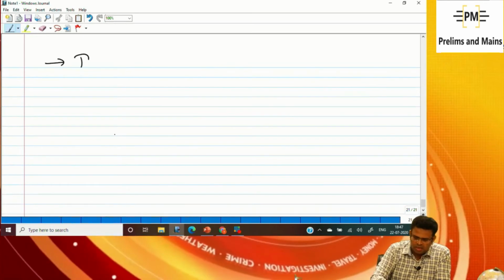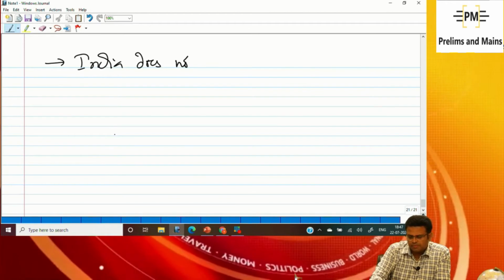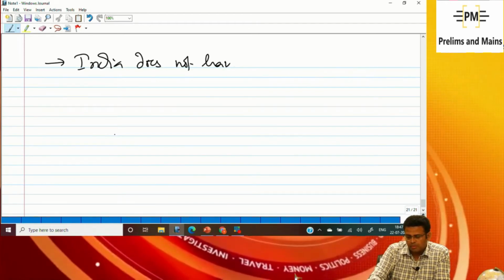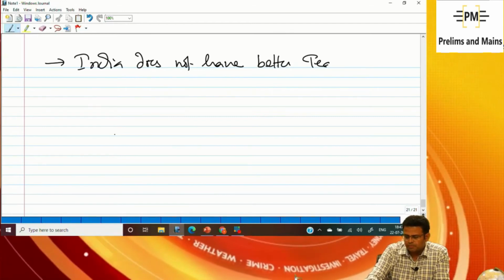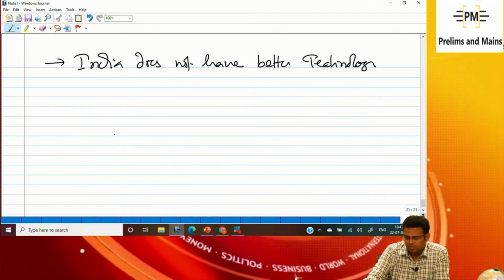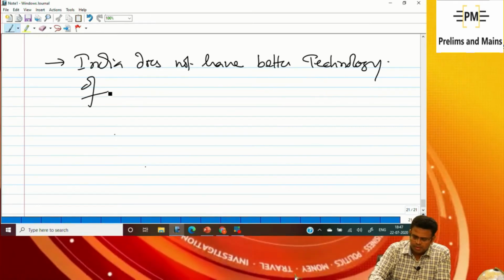Next point, India does not have a better technology of enrichment.